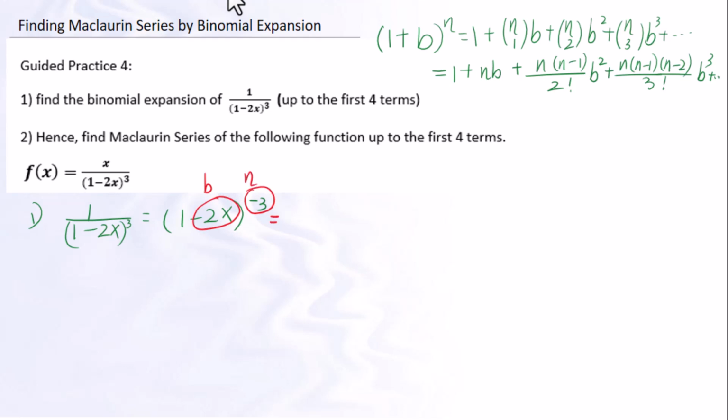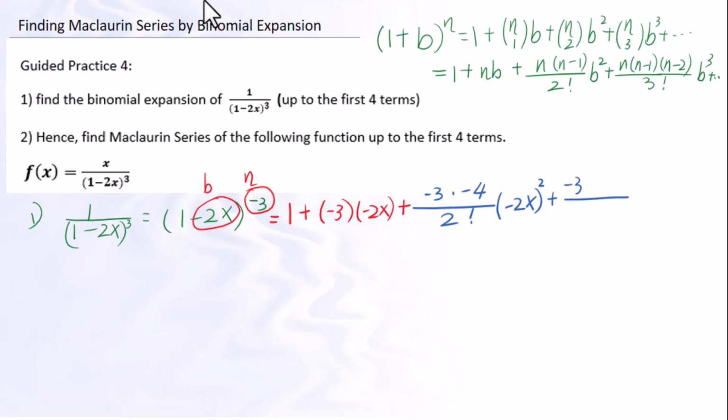Equals 1 plus negative 3 times negative 2x plus n times n minus 1, which is negative 3 times negative 4 over 2 factorial, times negative 2x squared, plus negative 3 times negative 4 times negative 5 over 3 factorial times negative 2x to the third power, and so on.